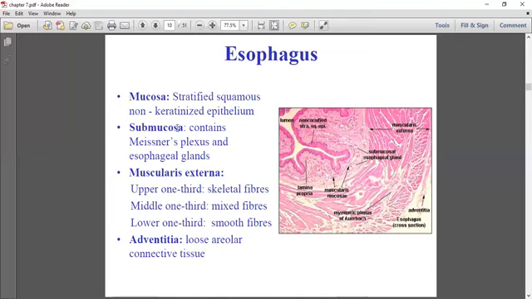Since the submucosa is composed of connective tissue, which is loose connective tissue, as I said before, having the basic structural features or characteristics of connective tissue, particularly blood vessels, lymphatic vessels, and nerves, in addition to the Meissner plexus. Muscularis or musculosa, the type of muscle fiber in the esophagus, which is an elongated tube, differs.